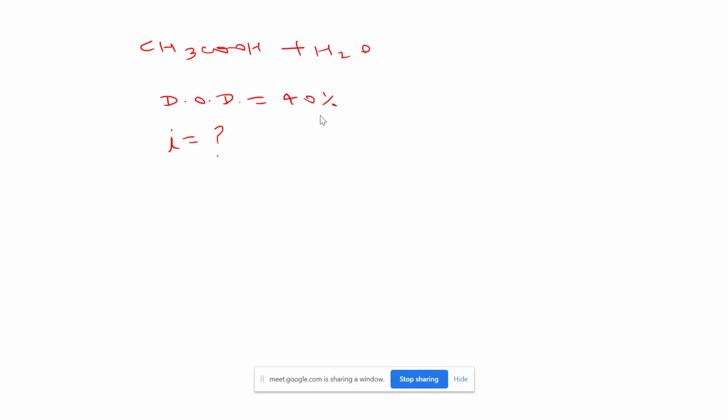These are important things: acetic acid and benzoic acid in benzene solvent form dimers. Note it down and now calculate the value of i for this question. If you don't know, acetic acid is a weak electrolyte, partially dissociated, and with the help of alpha given here, you can find it easily.